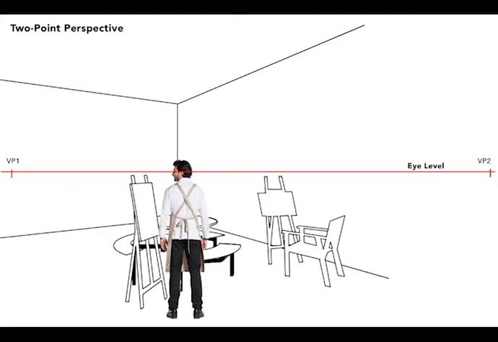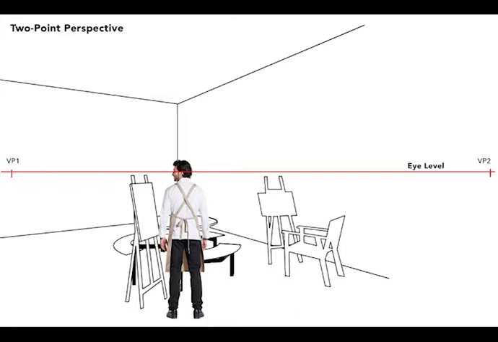So this man is standing next to the easel. Notice that the eye level line goes across and passes through his eyes. Because remember, the eye level actually represents the height of the person's eyes.